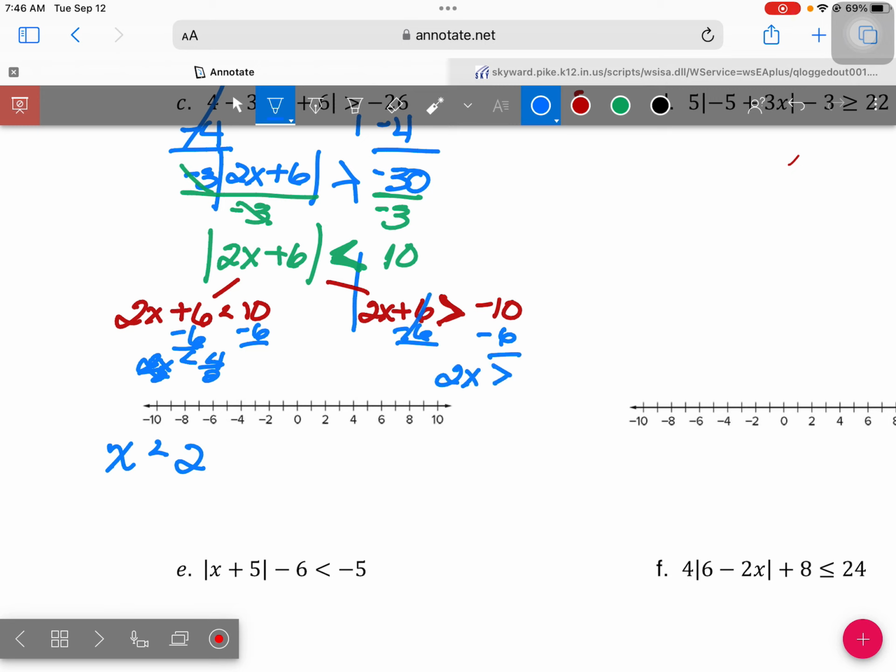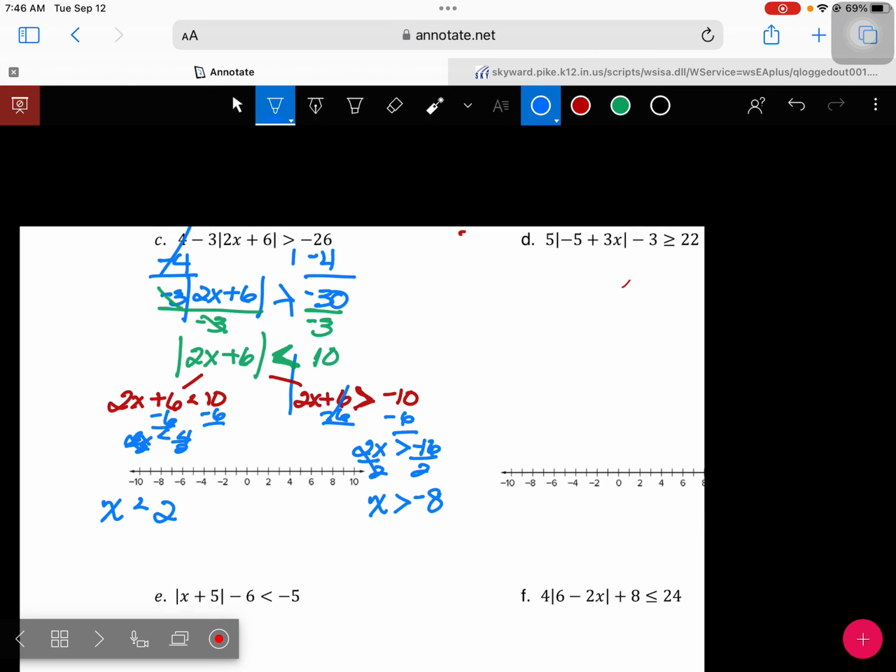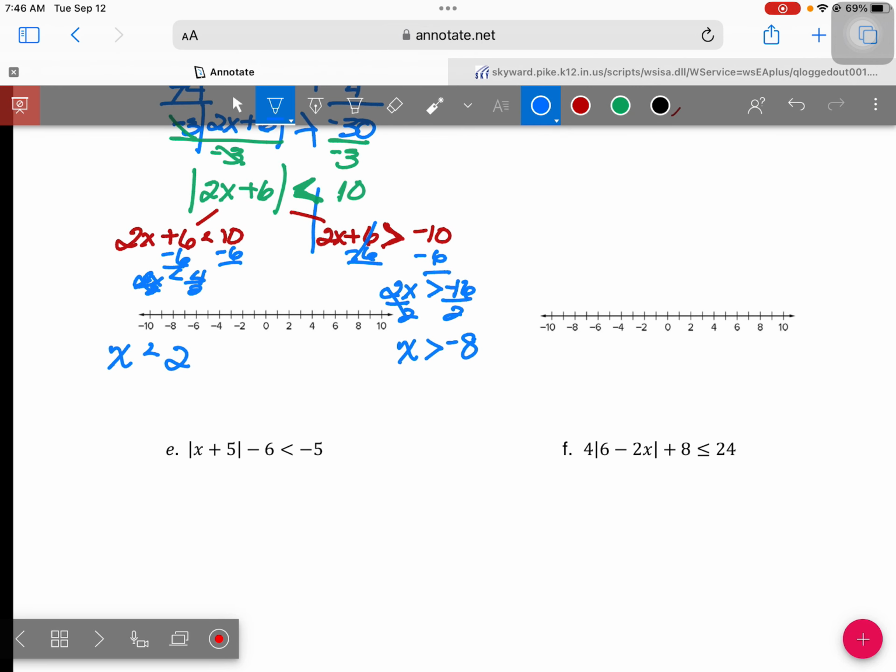Is that an and compound inequality or an or? That's an and. The negative value is more on the left, so I will write that one first. X is greater than negative 8, and x is less than 2.